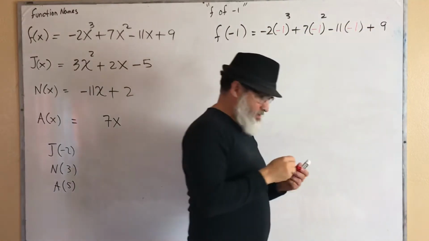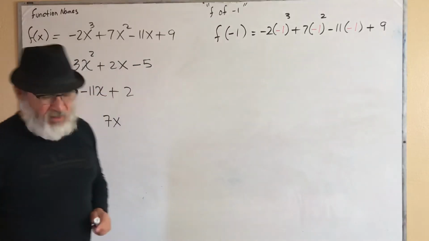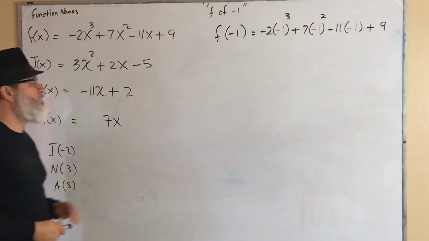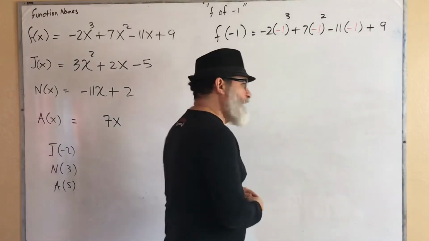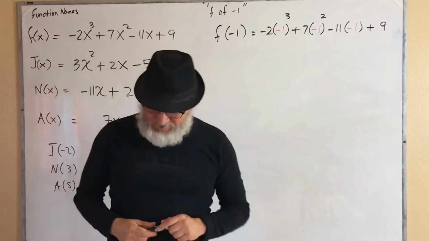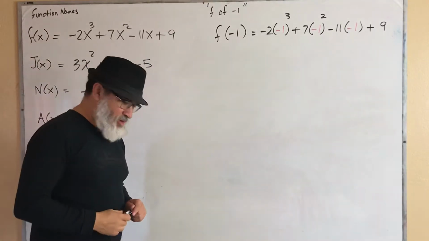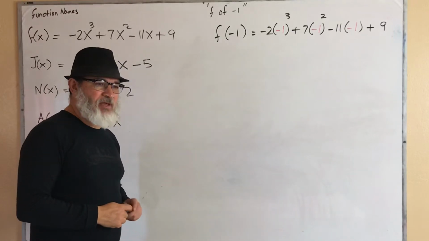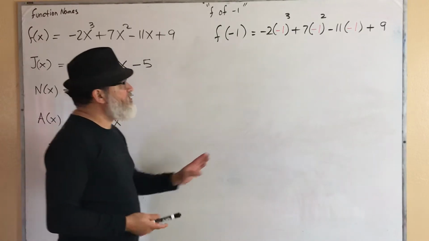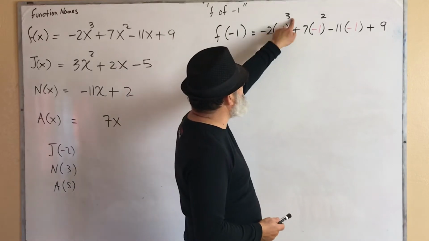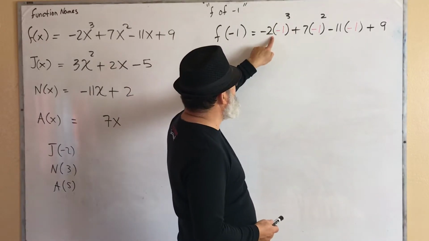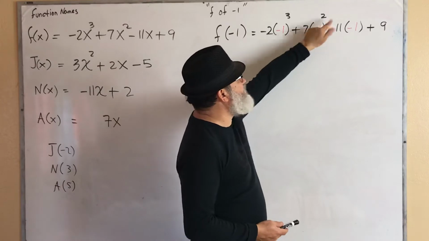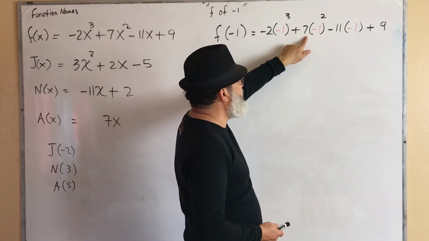Can you see that? Okay. Now, please excuse my dear Aunt Sally, if you guys remember that. The order of operations says that I better raise this to the third power before I multiply. I better raise this to the second power before I multiply.